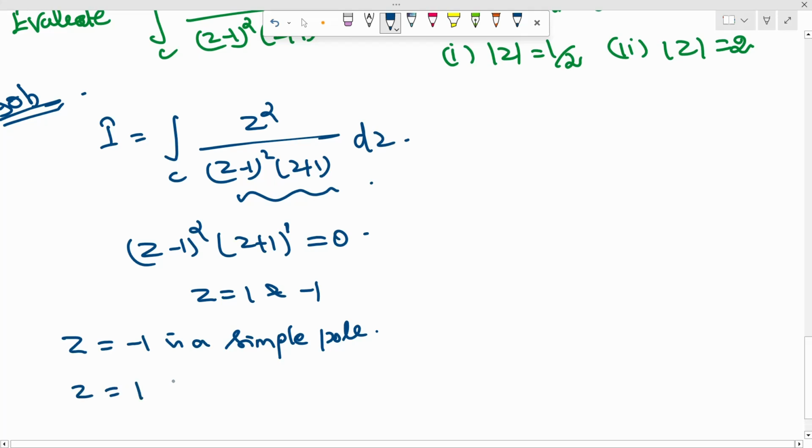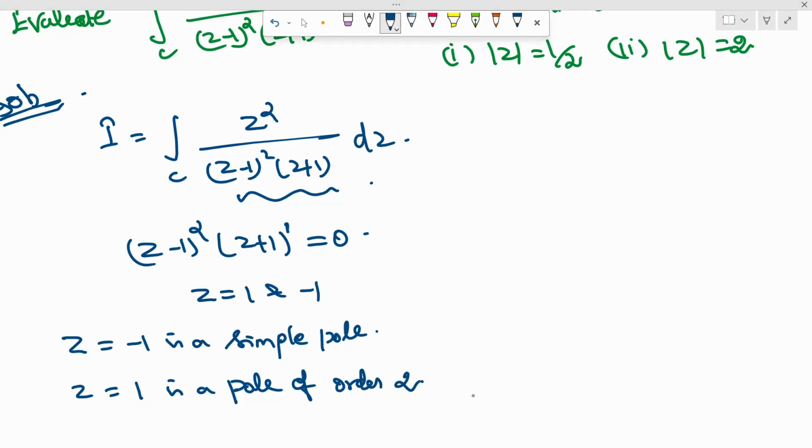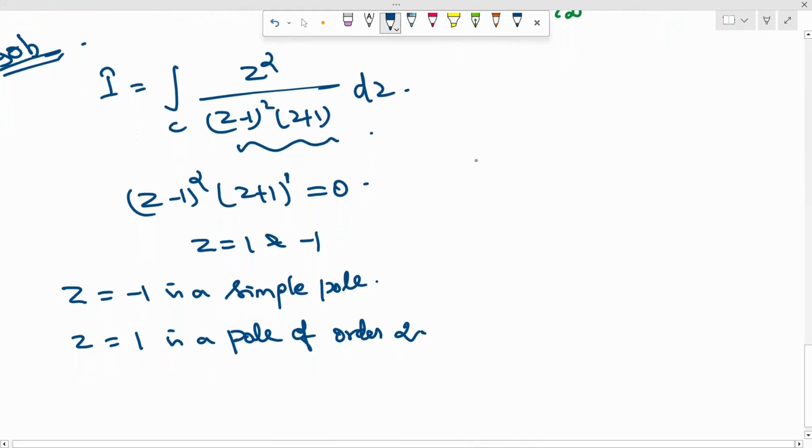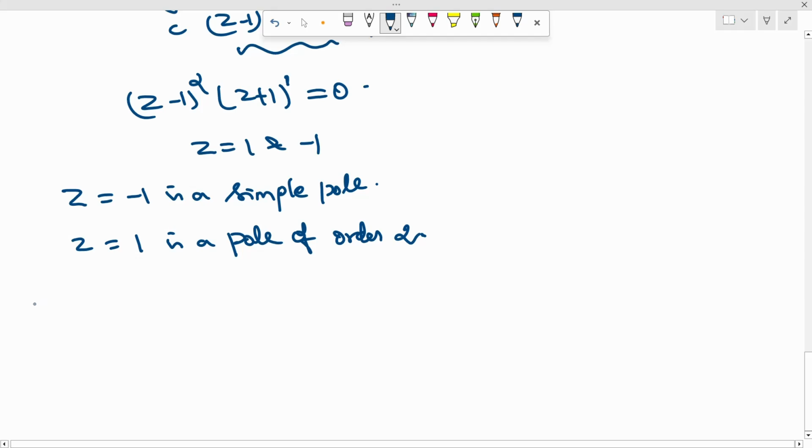And z equals 1 is a pole of order 2, because here the power value is 2. If we had 3, we would write that z equals 1 is a pole of order 3. Okay, step 1 is find the poles, and then step 2, draw the diagram for the given contour.